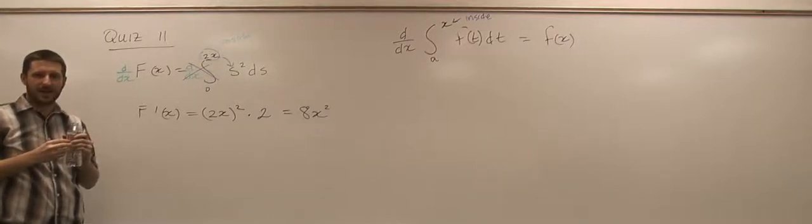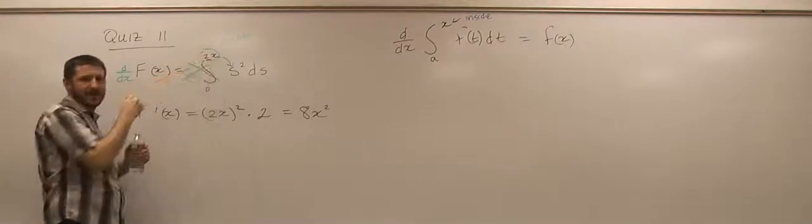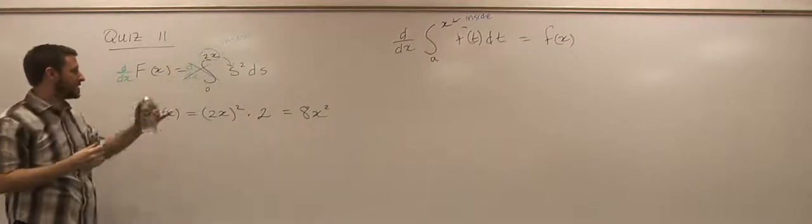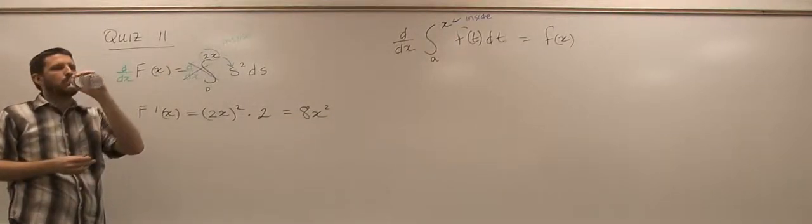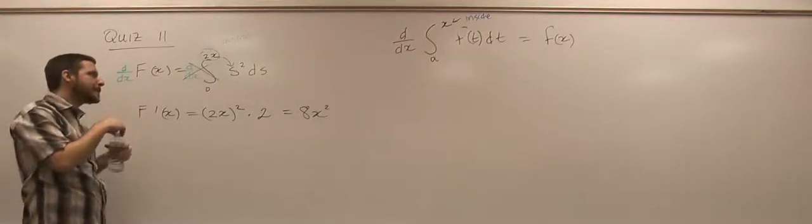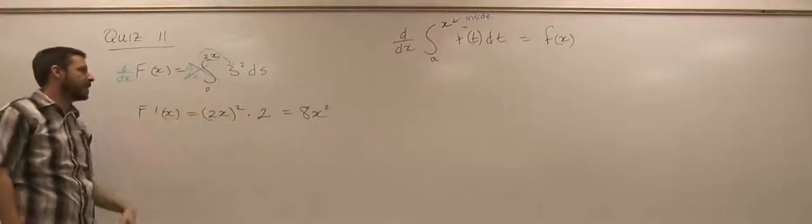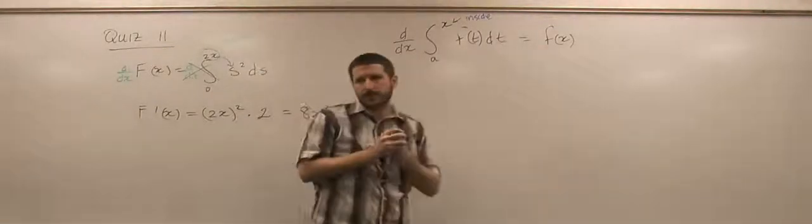But clearly it wasn't. Did it have just an x on top, or did it have an x squared? Because that's what the real killer is, whether this is x or not. It didn't have the 2. I think it was just an x. That's the difference. If it were just an x, then you would just plug it in. But if you have anything more complicated than x, you have to multiply by the derivative.